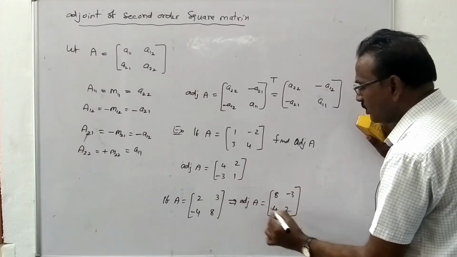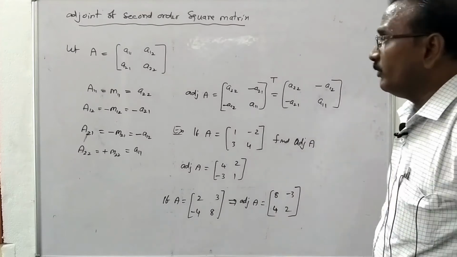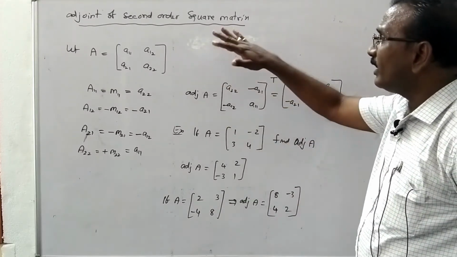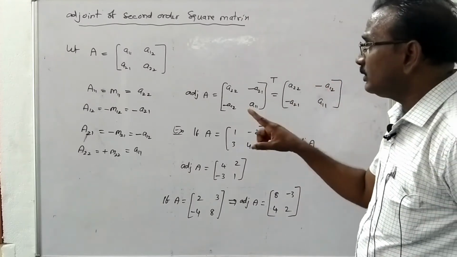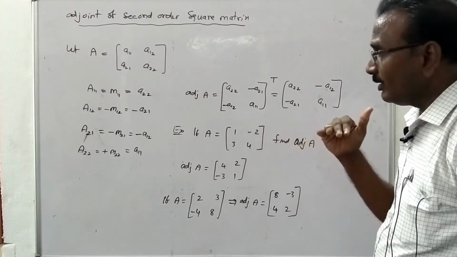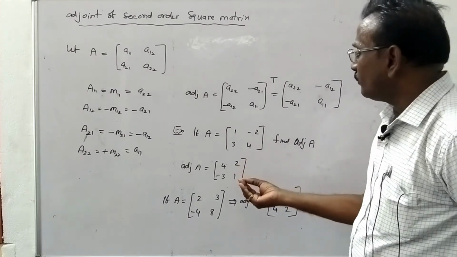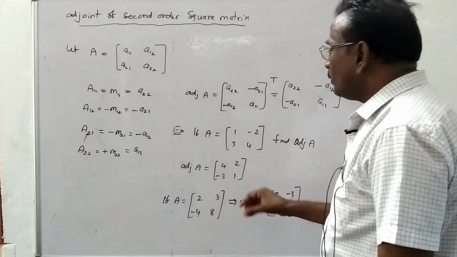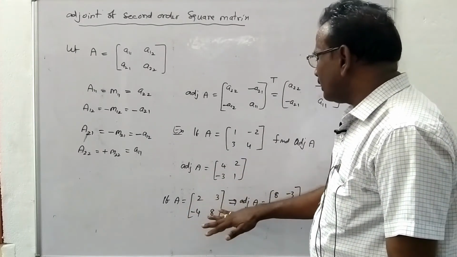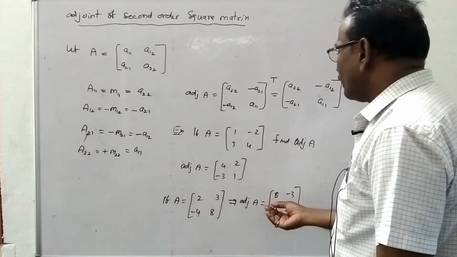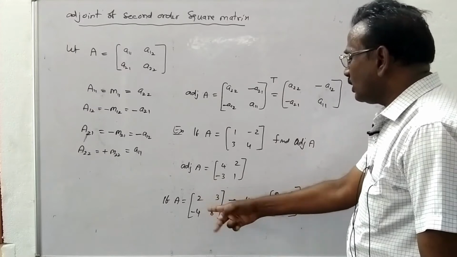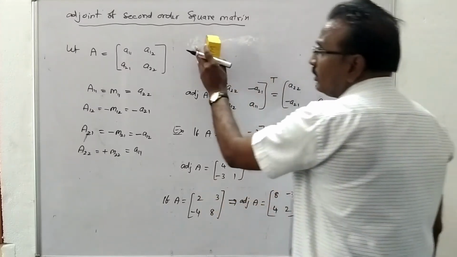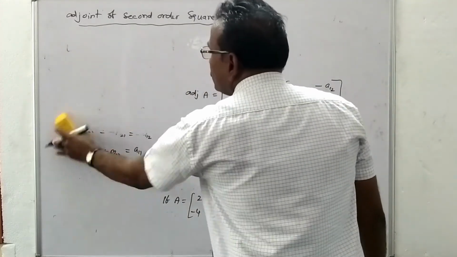So this is the adjoint of A. So the adjoint of a second order square matrix is obtained by interchanging the principal diagonal elements and changing the sign of the other elements. That is the short formula. Whenever second order matrices are given, we can write the adjoint directly. So this is another way.